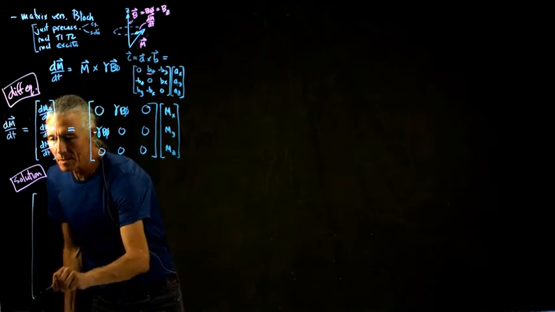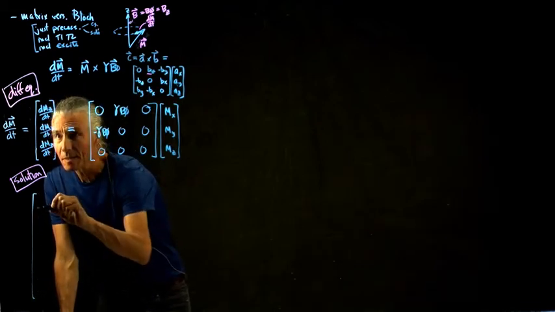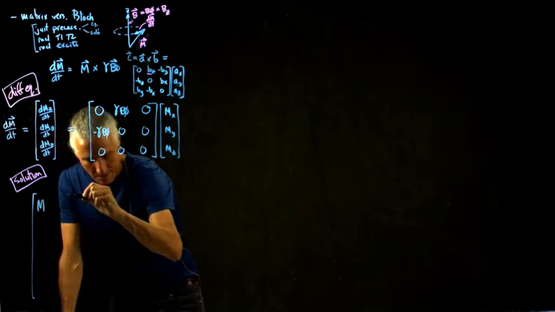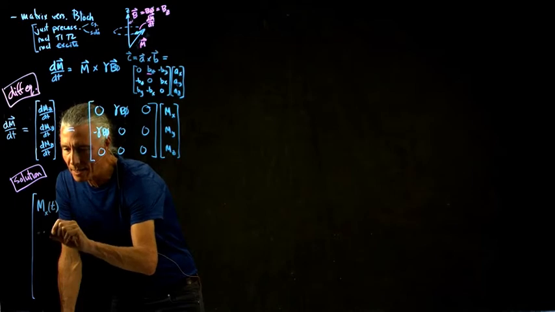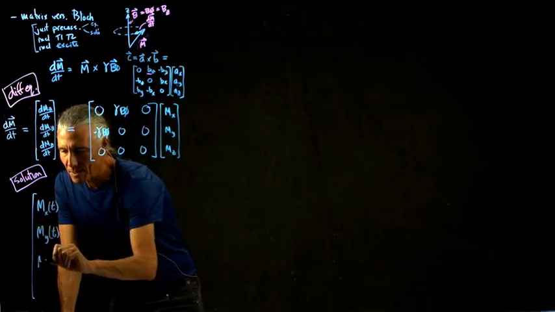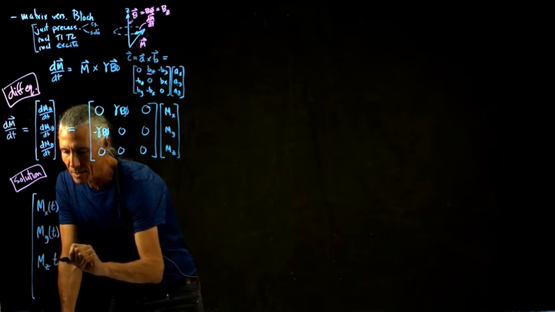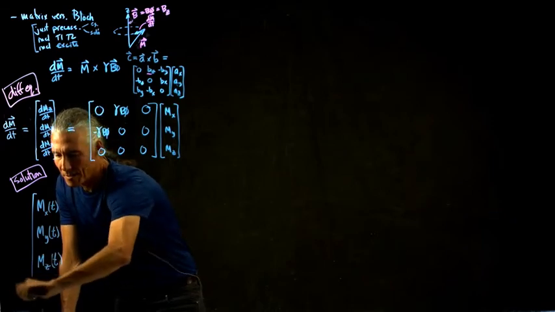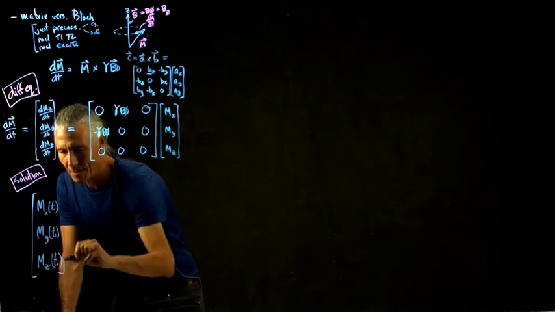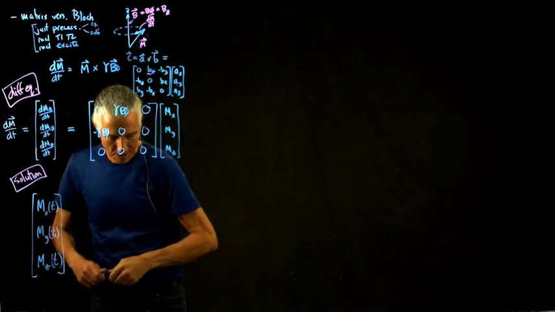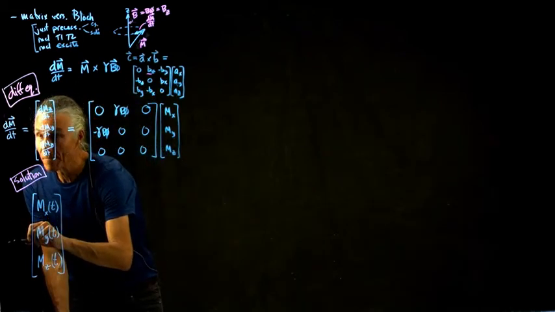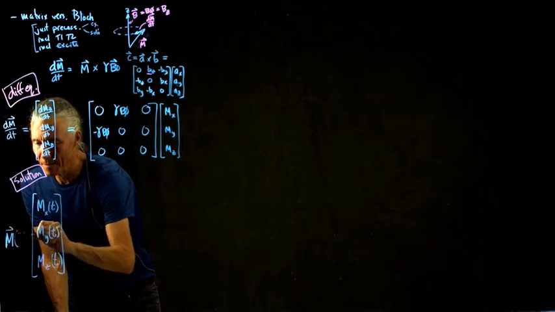So the solution vector is basically the value of the x component at time t and the y component at time t and the z component at time t. So we can put in any old t in there, and then we can calculate what. So that's equal to the M vector at a point in time.